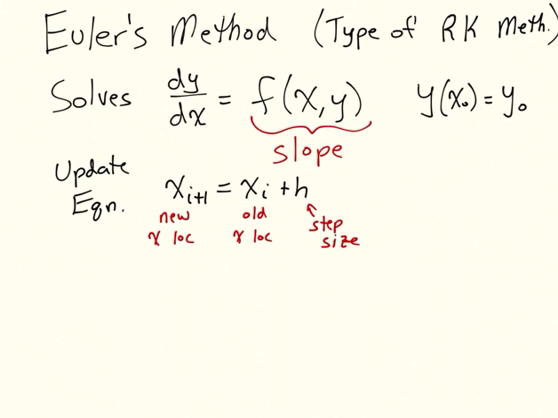Now we also have our update for y, so our new y location, y_{i+1}, is equal to the old y location, so the old point in our solution, plus the slope f(x_i, y_i) times our step size h.